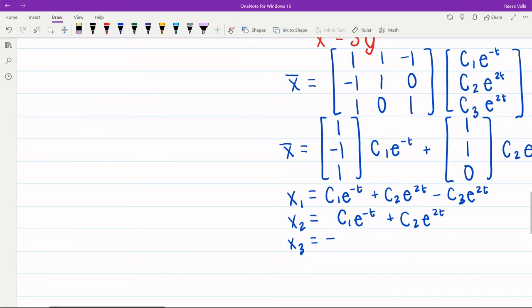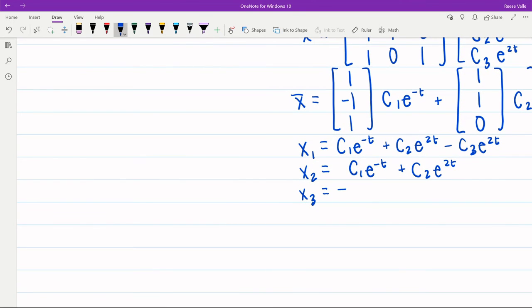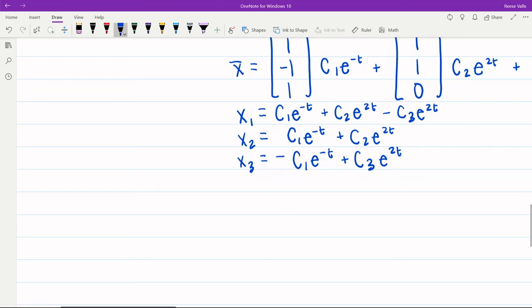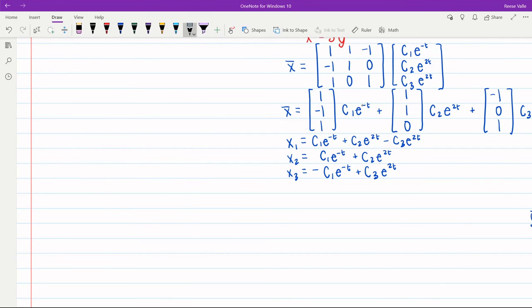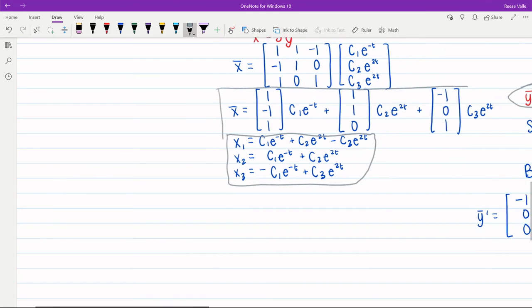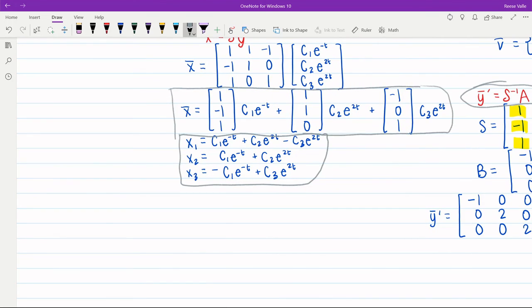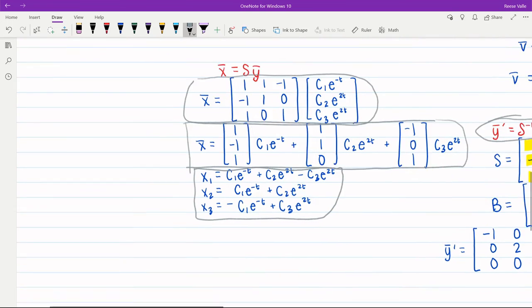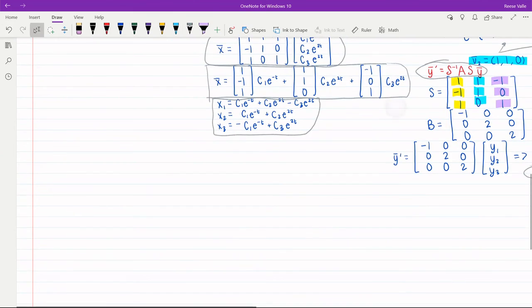What am I doing? This one's negative, so c1 e to the negative t, and then c3 e to the 2t. And then there's our three different ways of writing the answer. This one's explicit, this one is vector form, and this one's matrix. Okay, we're good. That was so long.